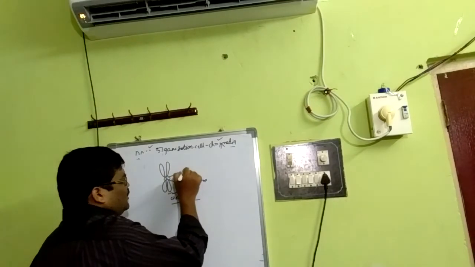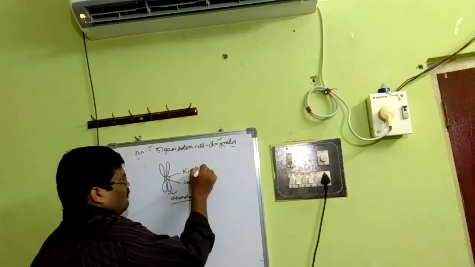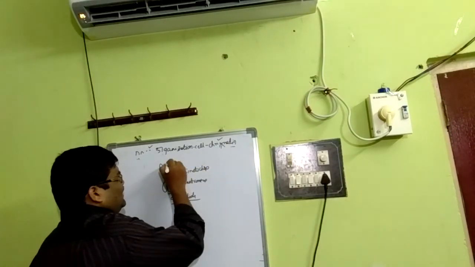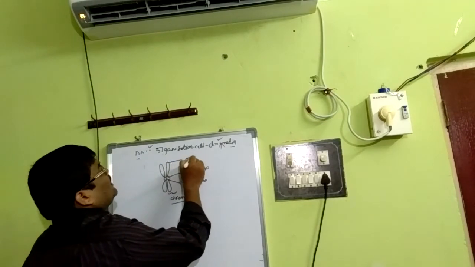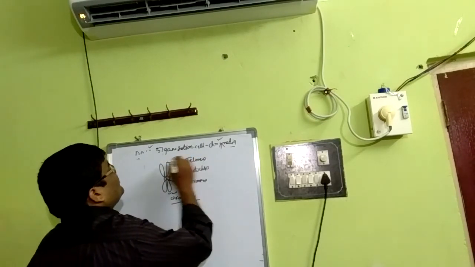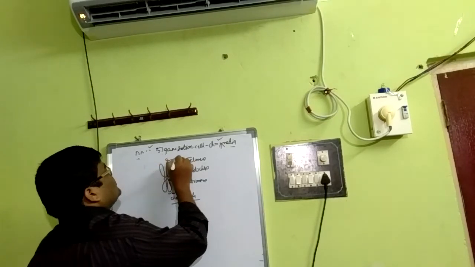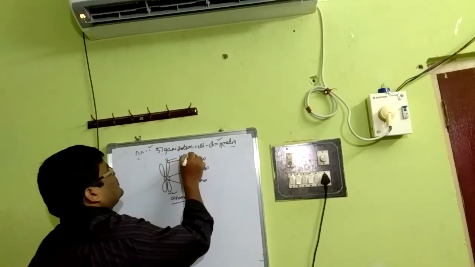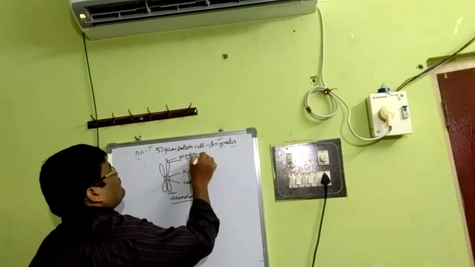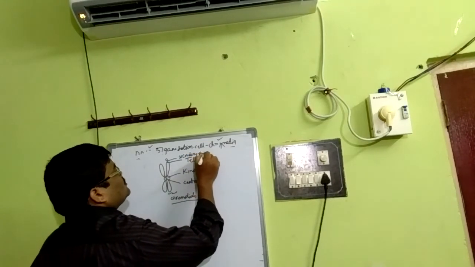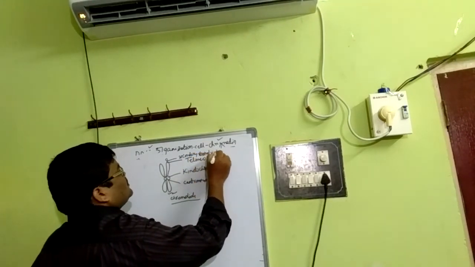And this is called the kinetochore. And this is called the telomere. Sometimes they have secondary constrictions and satellites also. For example, there are secondary constrictions, otherwise called simple constrictions.